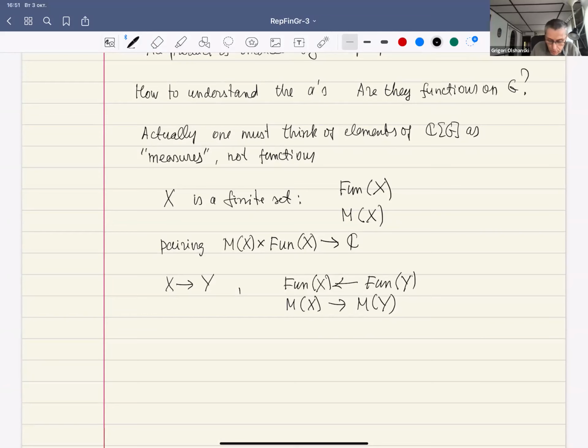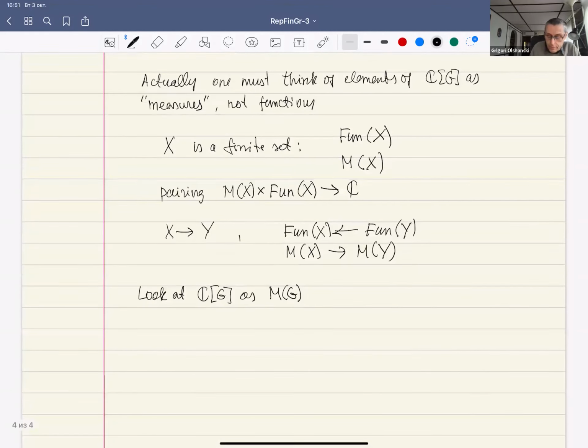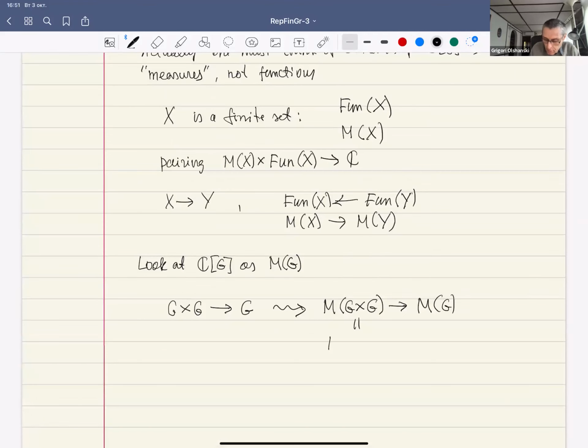Because if we look at the group algebra as a space of measures, then what do we have? We have a map G cross G to G. It induces a map on measures, and for a finite set, this is the same as the tensor product.